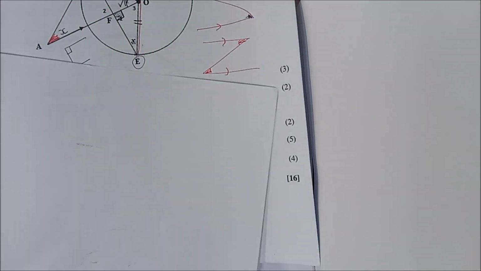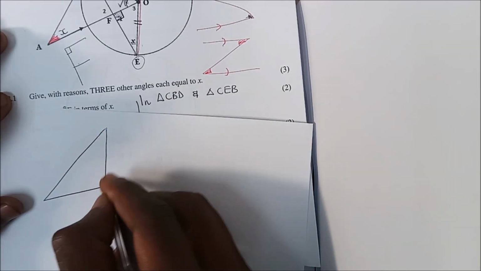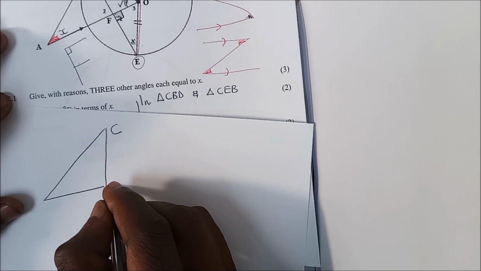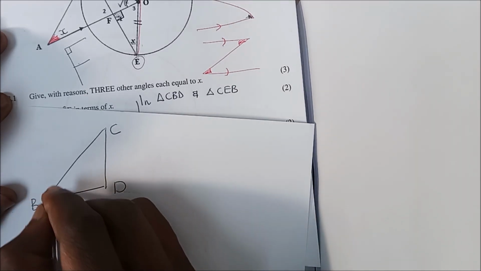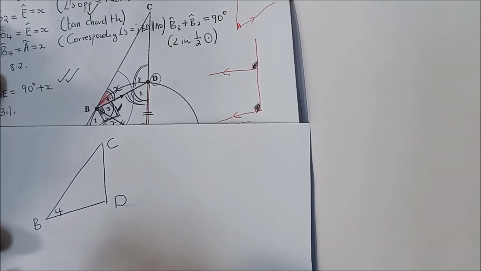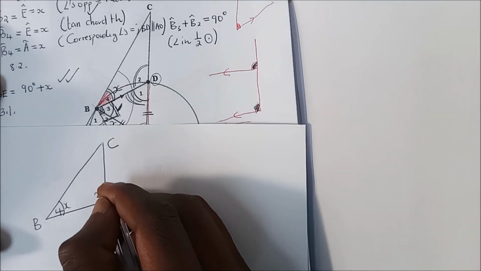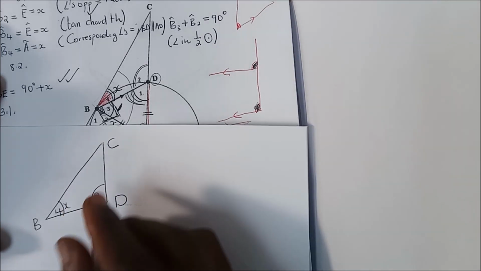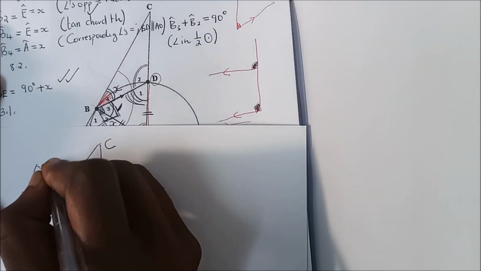We can draw it here. So this is our triangle C, B, this is D, and then this is B4. If you look at it, that's B4, which is X, and then that is D2. So that is our triangle CBD.